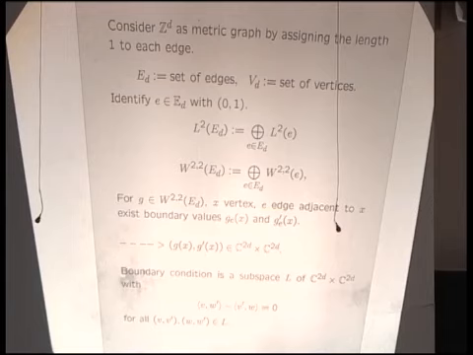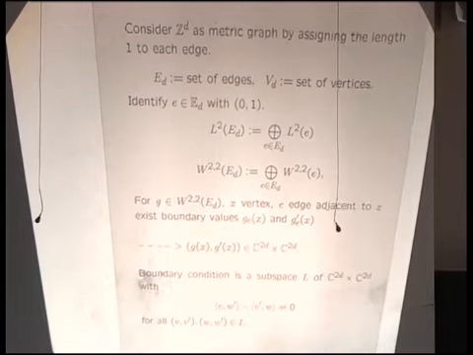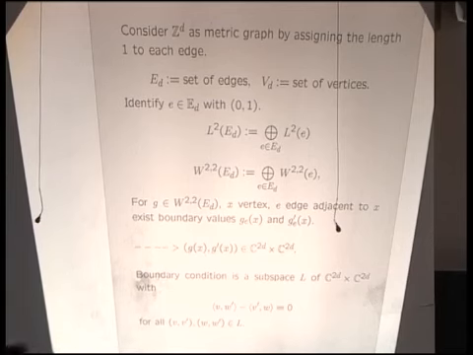So here we have a much more modest aim, namely we want to show uniform existence of the integrated density of states. So we look at Z^d as a metric graph by assigning the length 1 to each edge. E_d is the set of edges, V_d is the set of vertices. Well, we have the corresponding L2 space, the corresponding Sobolev space, and of course, for each function we get the boundary values of the function at the vertices.